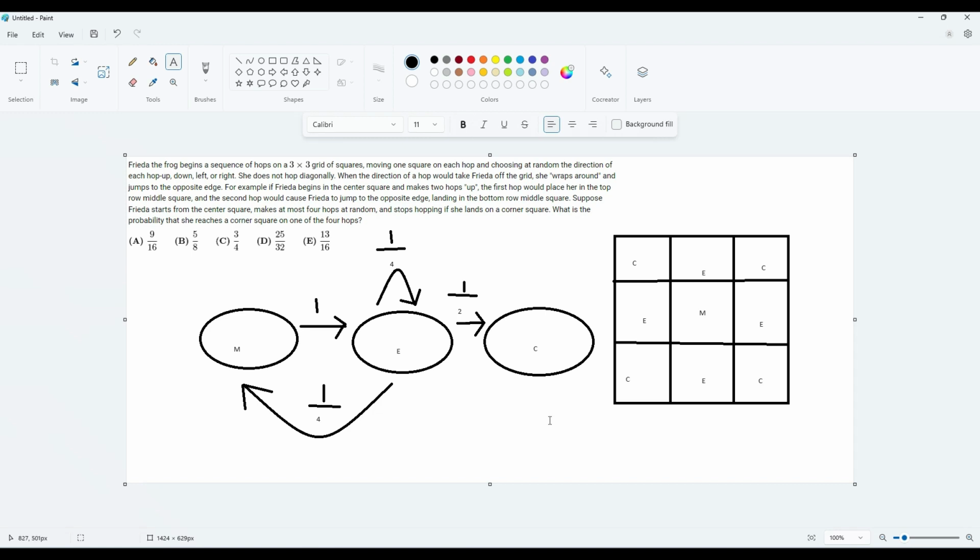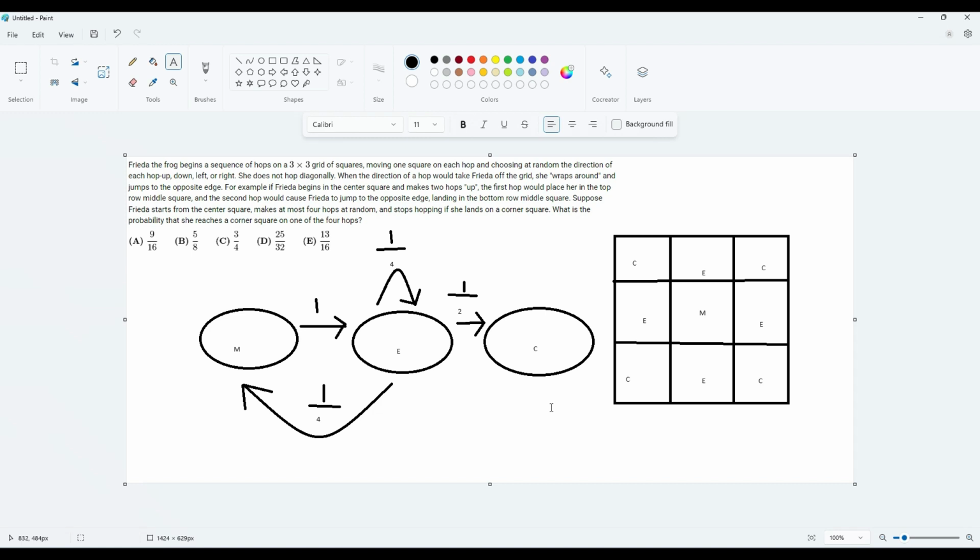Now we can just calculate the individual possible pathways. The possibility that the middle would go straight to the edge and then to the corner would just be 1 times 1 over 2.